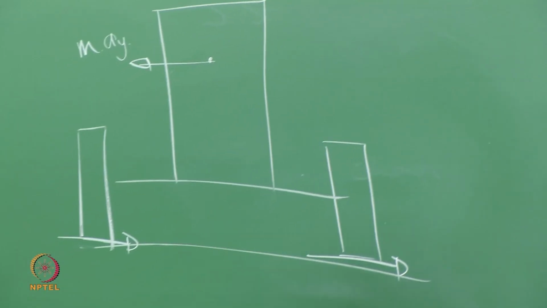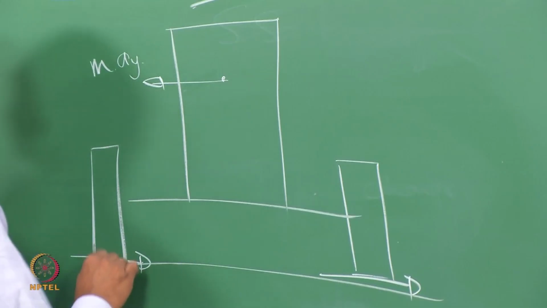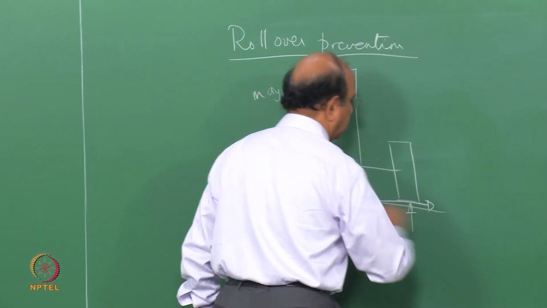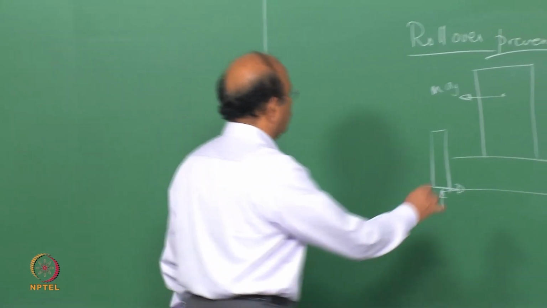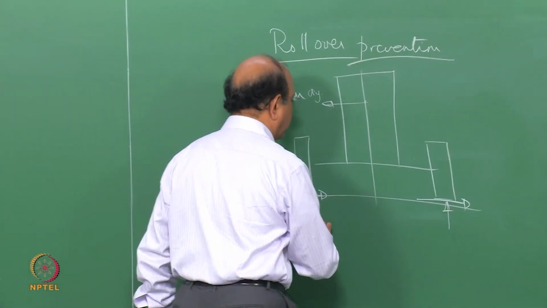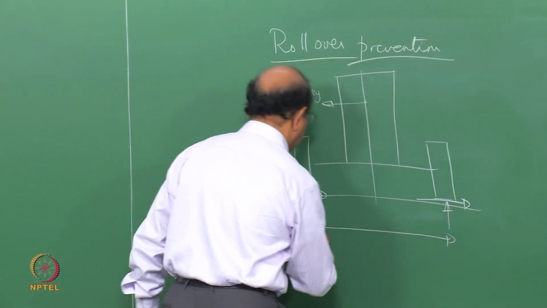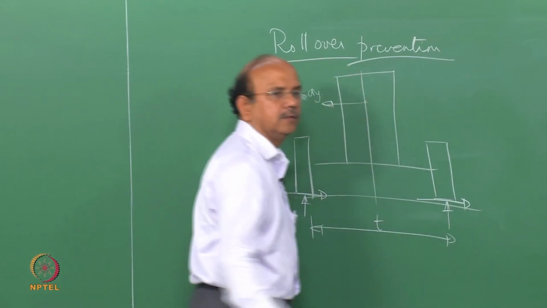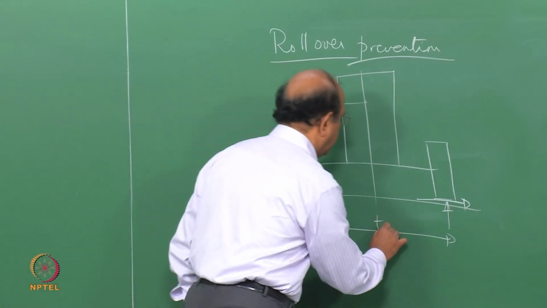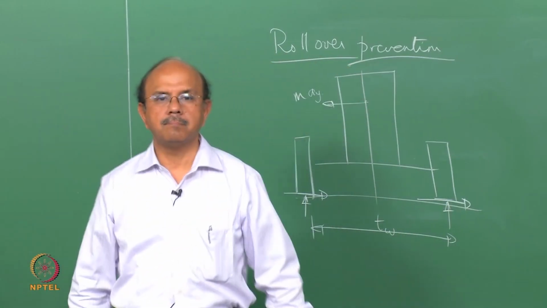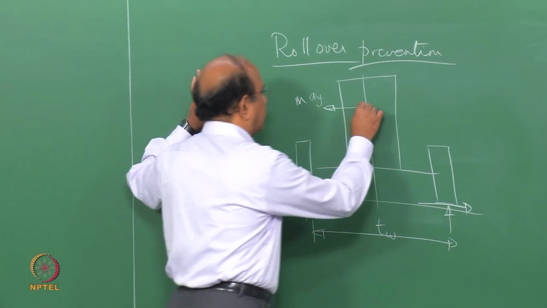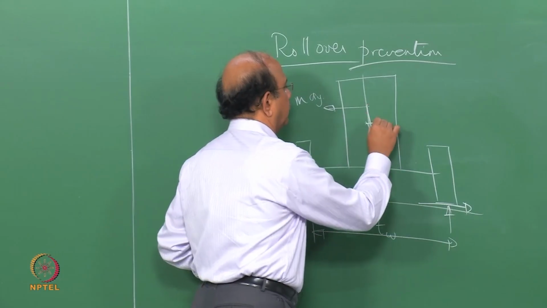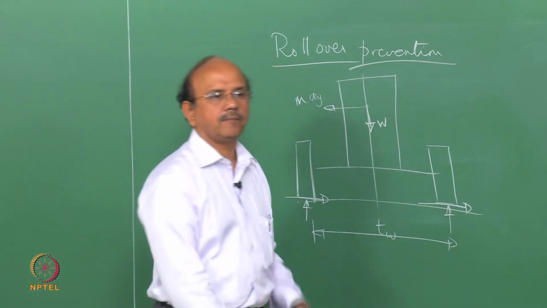Now, of course, there are reactions at the front and the rear, and that we call the track width. Let's say that that is the track width, which I would call TW, and of course the weight W acts there.